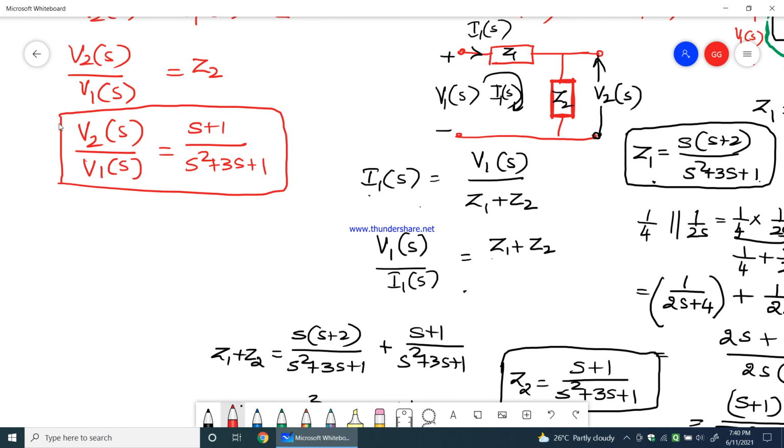I hope this video has helped you to learn the transfer function of electrical networks. As I said, this is very important for the block diagram reduction techniques that we learn in the next video in control systems.